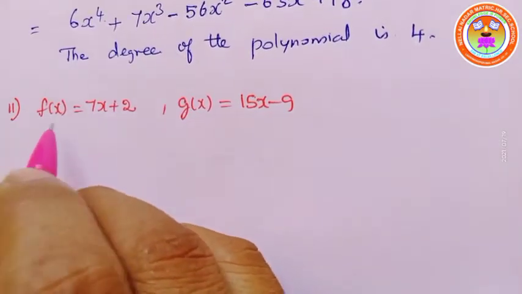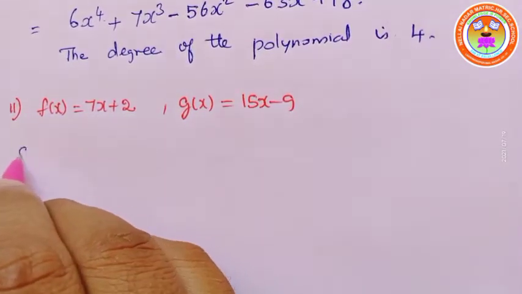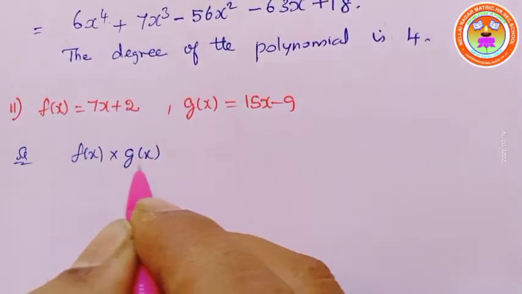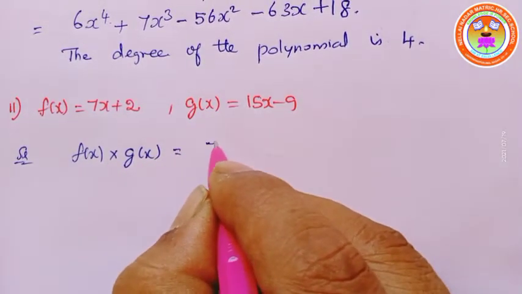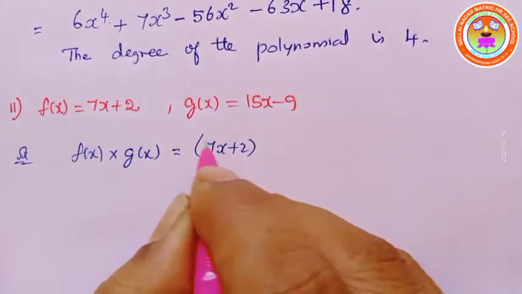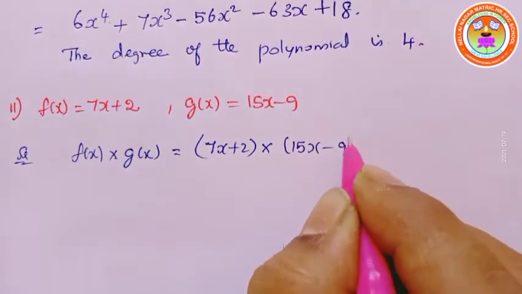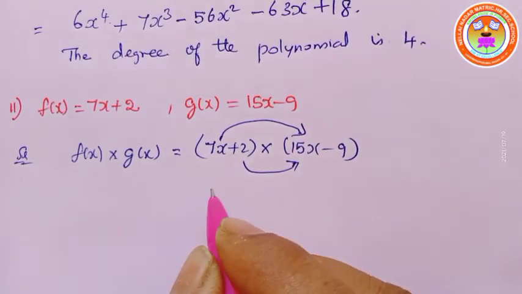Next, find the product of 7x plus 2 and 15x minus 9. Solution: f of x into g of x, because you are going to multiply f of x and g of x. So f of x is 7x plus 2, g of x is 15x minus 9. Now 7x with 15x minus 9 and 2 with 15x minus 9.